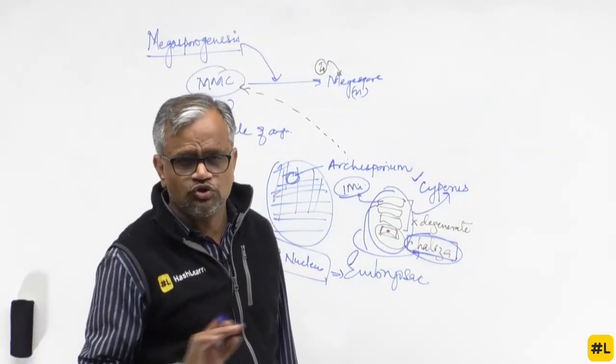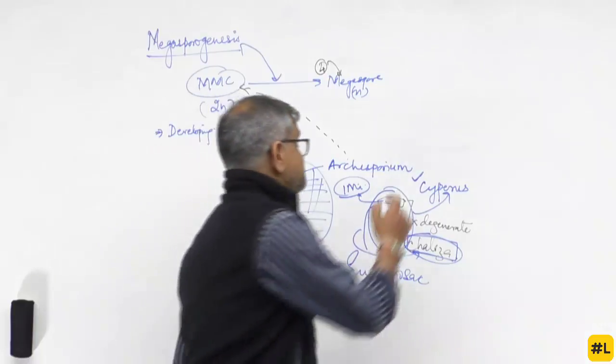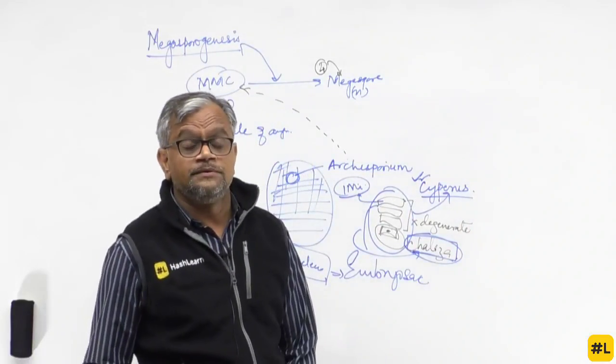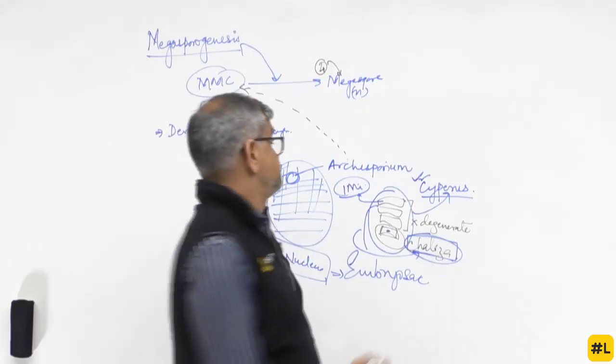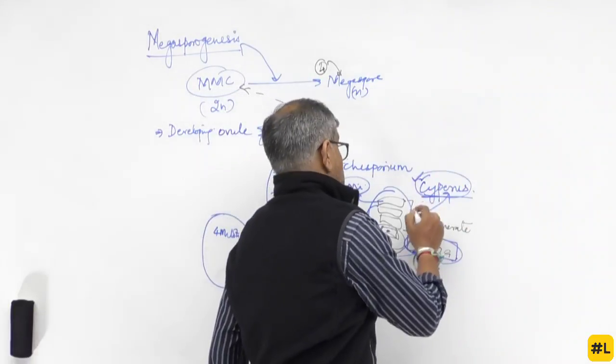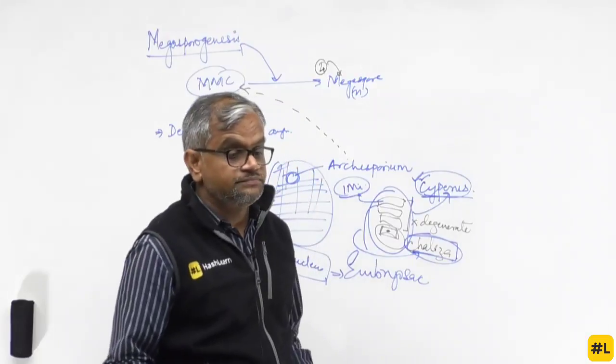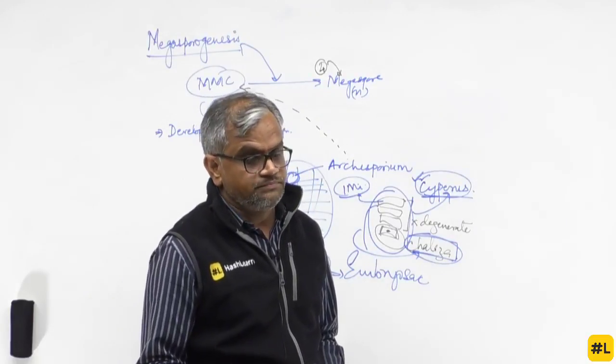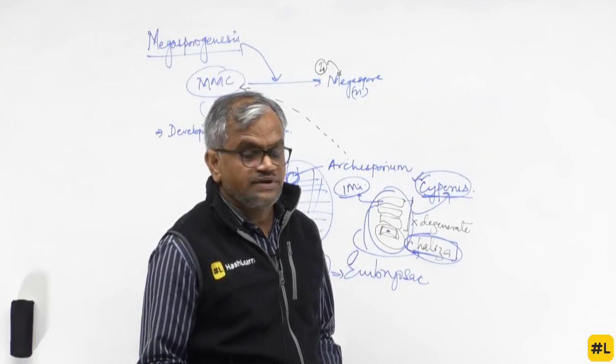That is very rare. You don't have to bother about it. But in cupressaceae members, do remember the most important thing, all the 4 become functional, right?